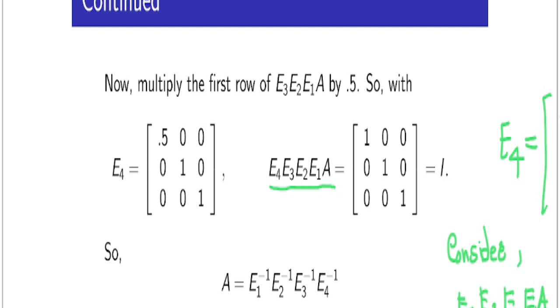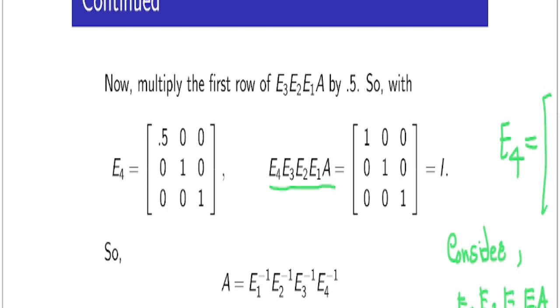This is the matrix E3 E2 E1 A, and this is E4. After multiplication, we get 1/2 into 2 is 1, so 1 0 0, 0 1 0, 0 0 1.